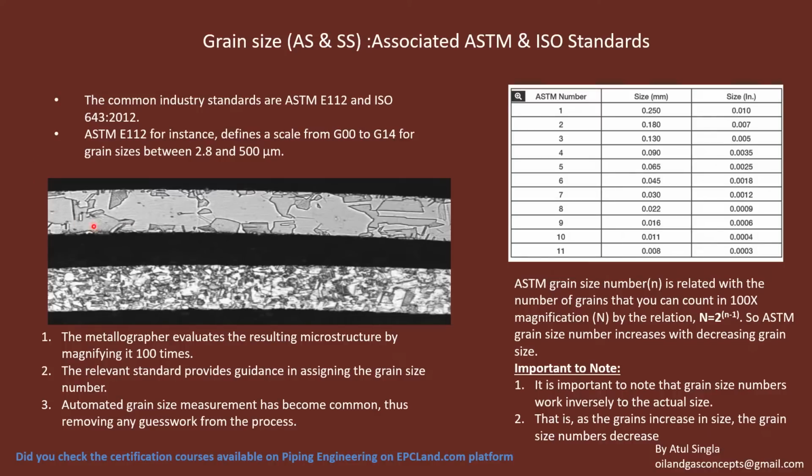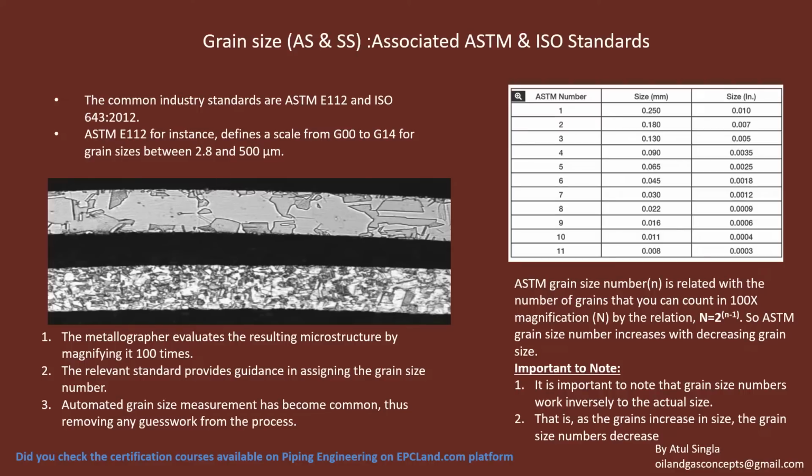If you look at this microstructure, if you zoom it to 100x, then we can identify such structures on a metallograph, which is used to evaluate the microstructure. So the first step is we have to magnify the surface up to 100x, then we can see these kinds of structures.